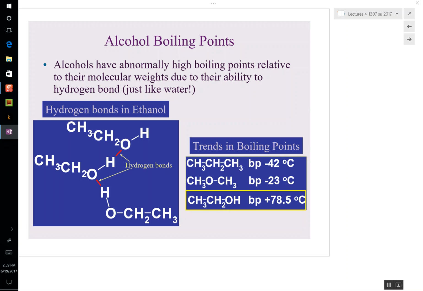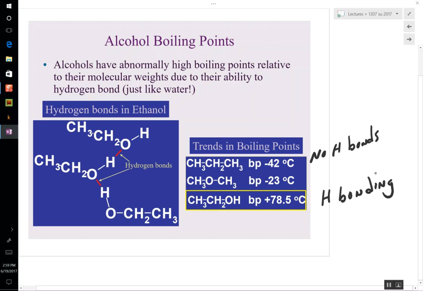You can skip this one in the middle. That one's an ether. We'll get to that later. But this key one here, a hydrocarbon with an alcohol. Hydrogen bonding, no hydrogen bonding. This is what's making the difference.